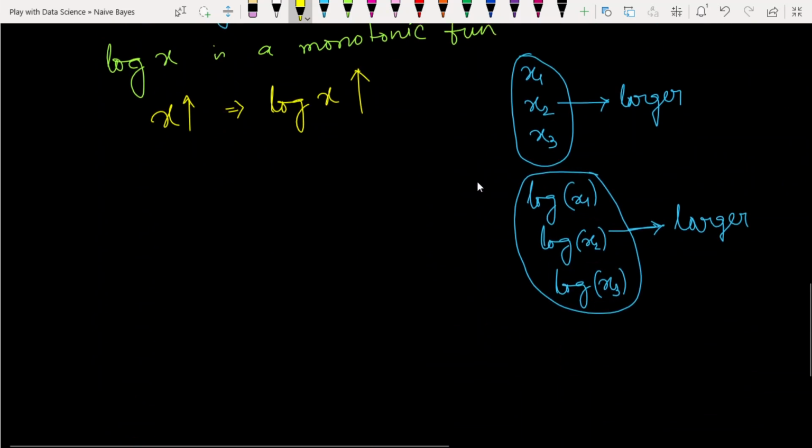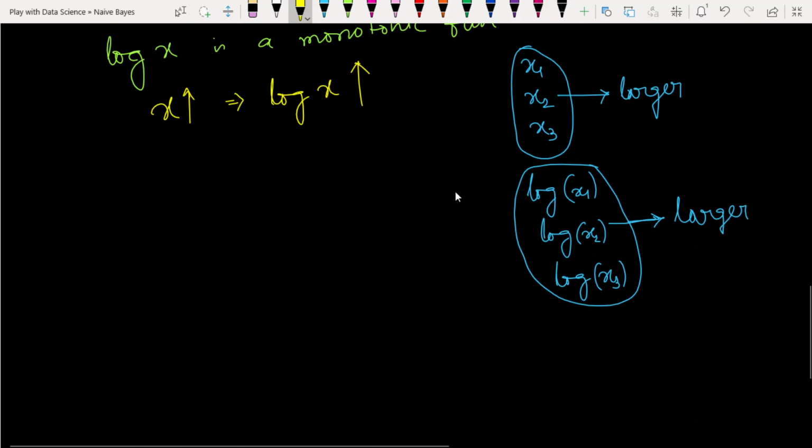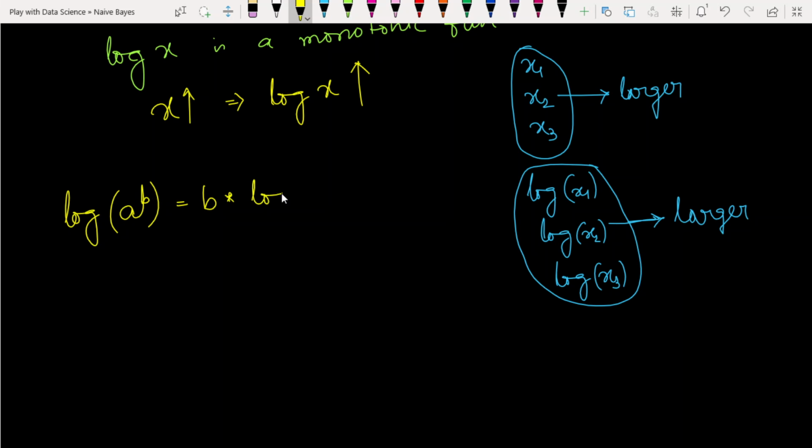We can do this mainly because of the property that log of a to the power b is equal to b times log a. Everyone knows this property. So what does log do?